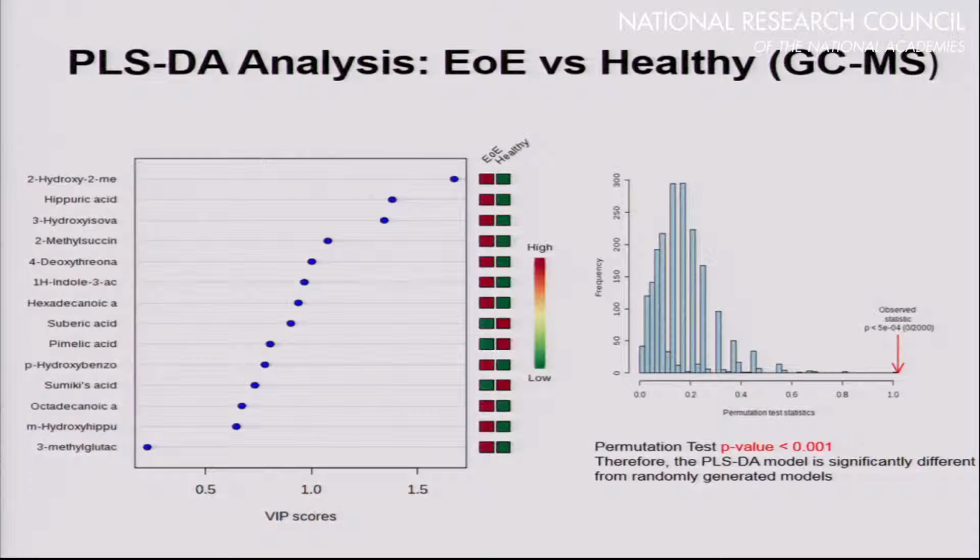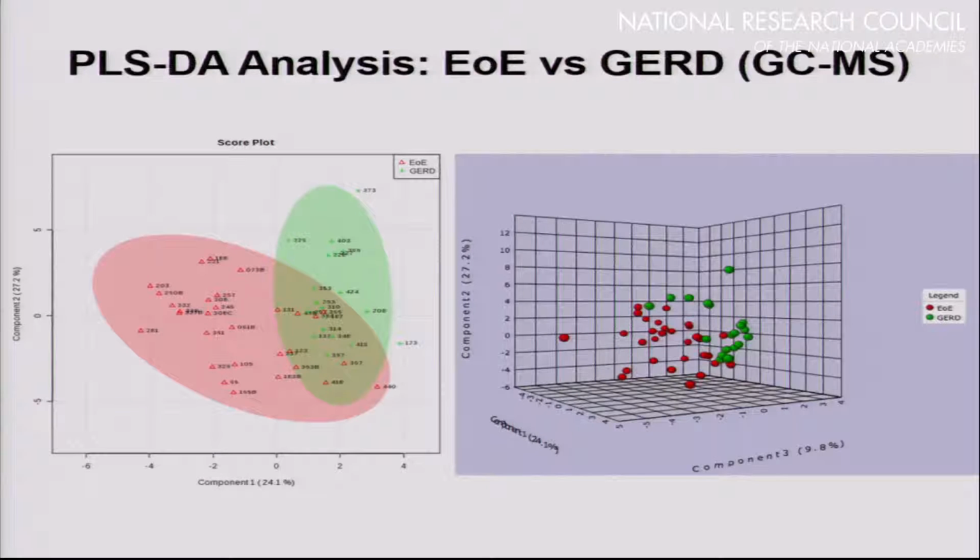In the case of EoE, they're high, and in the healthy, they're low. So these are quite significant in terms of how different they are and how they can distinguish between EoE and healthy. But then more importantly, at least from the physician point of view, can you distinguish EoE from GERD, which symptomatically are very, very similar.